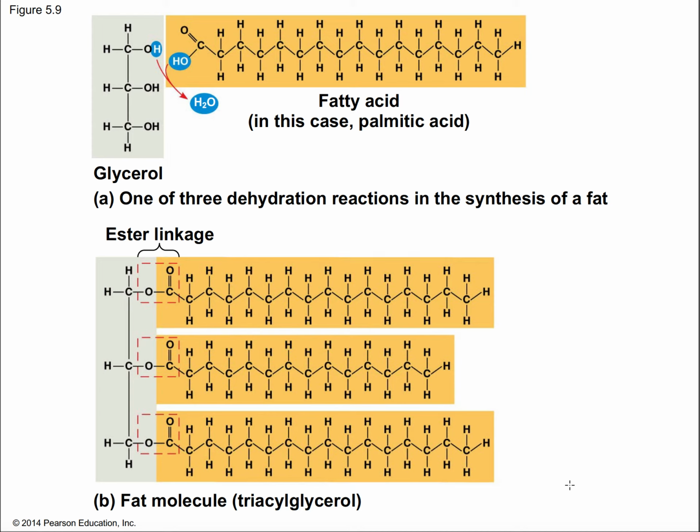Well, these are saturated with hydrogens, so these are considered to be saturated fats, and saturated fats are the type of fat that gets in our bloodstream and causes plaque, which, kind of like on your teeth, causes a buildup. It really looks like yellow chicken fat, actually, and it builds up on the inside of our arteries, and it can lead to heart disease.